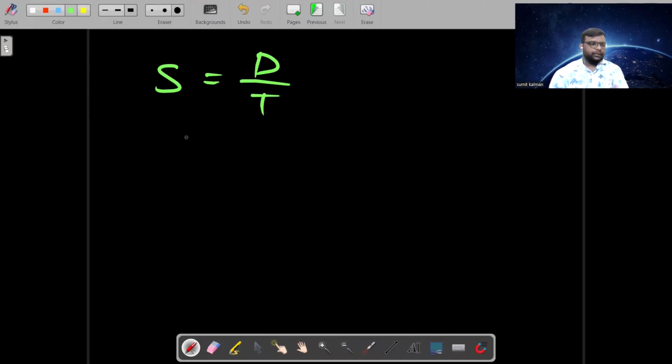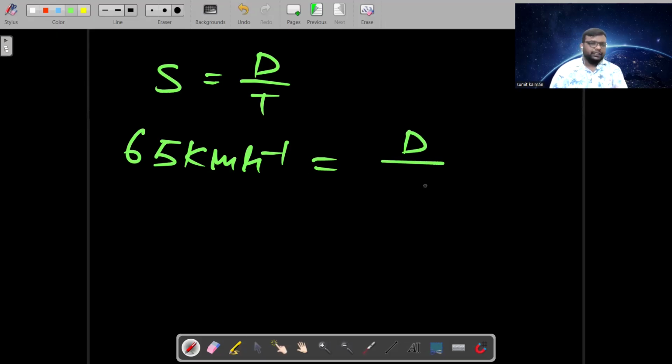And students, speed is given 65 kilometer per hour. You have to calculate distance, and students, time is given 3 hours. So here distance will be how much?